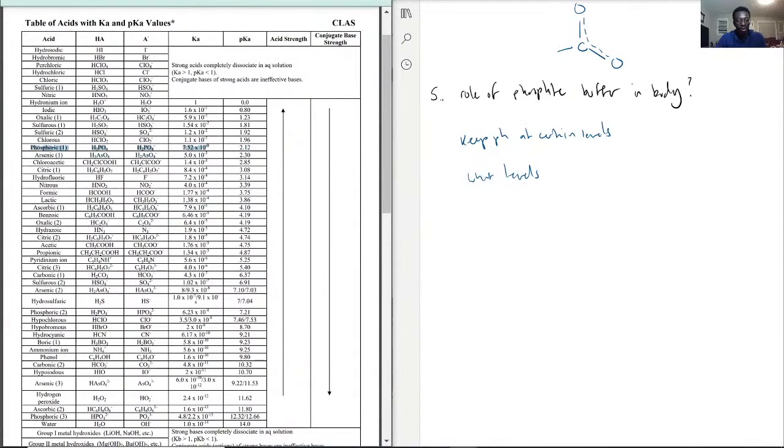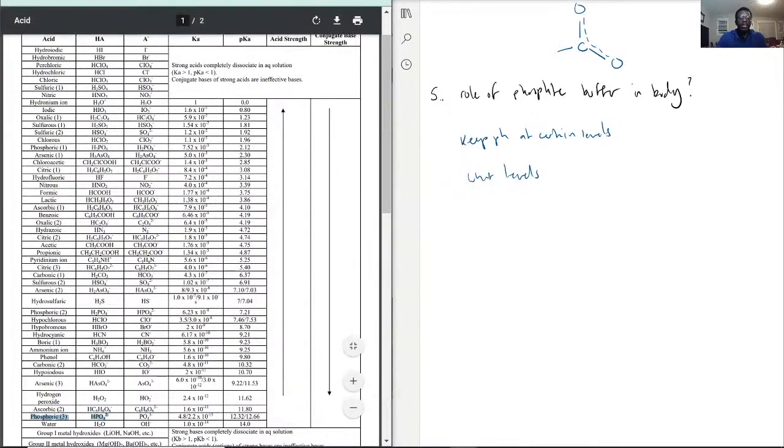The other one is H2PO4, and the last one, where it's now HPO4, is also here.